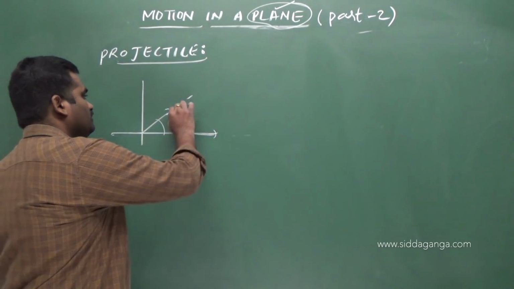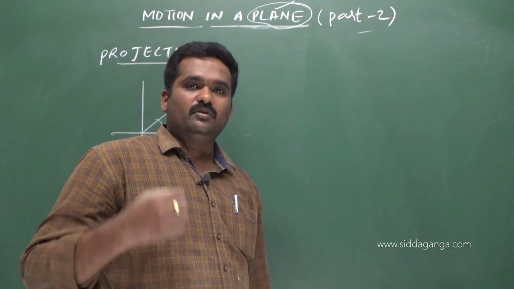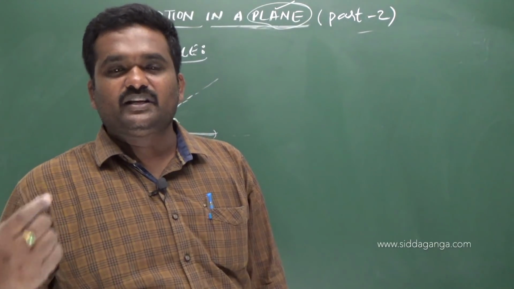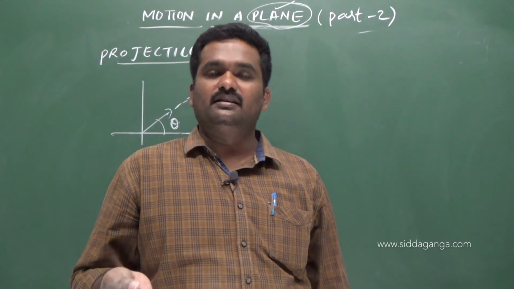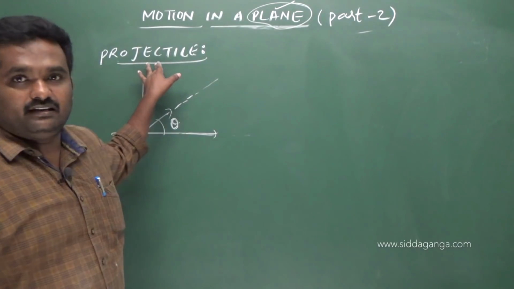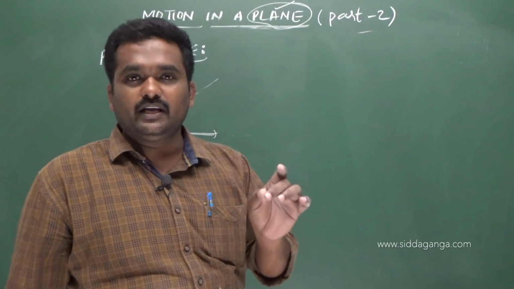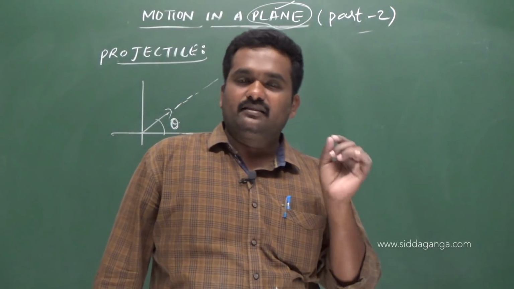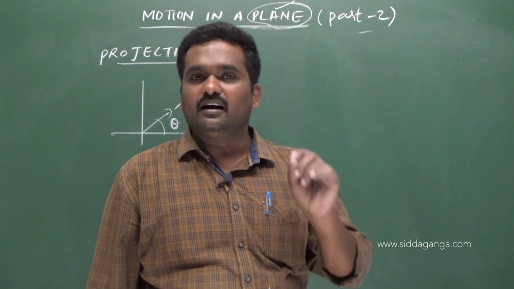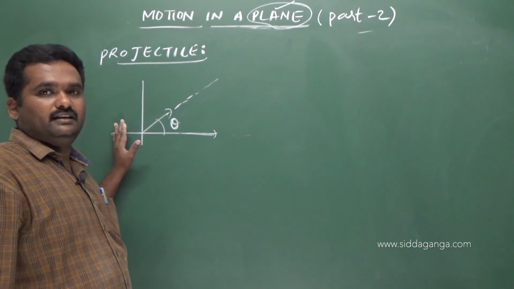So a projectile is a body which is thrown into the air, making an angle theta with the horizontal other than 0 and 90. That itself we should call a projectile.